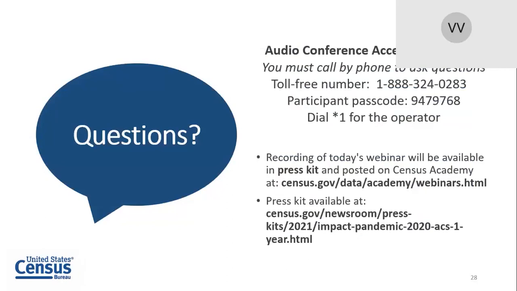I work for Novogradic & Company. We're an accounting firm that specializes in low-income housing tax credits. And the one-year ACS data is used for determining if tenants can qualify for low-income housing tax credit housing as well as Section 8 and HUD housing.